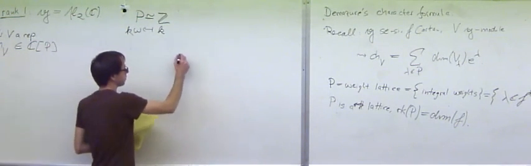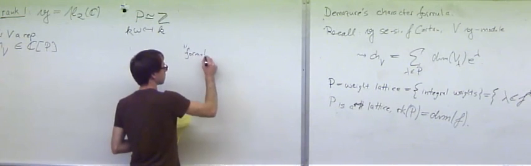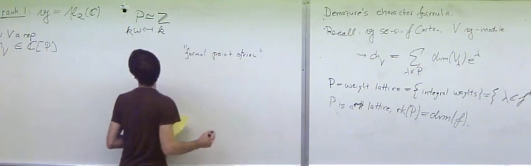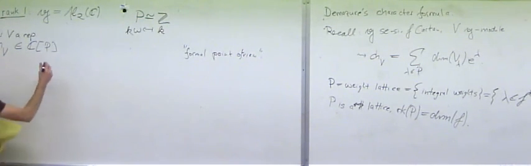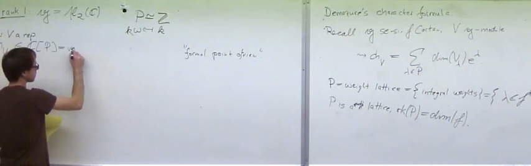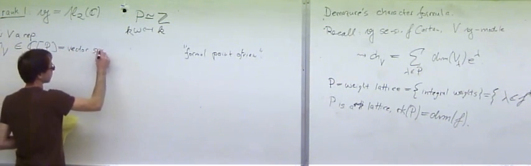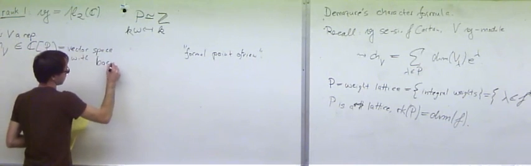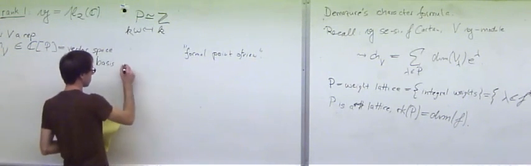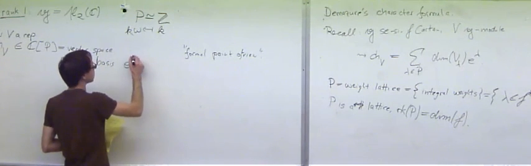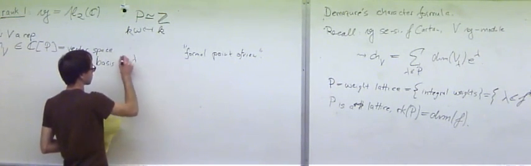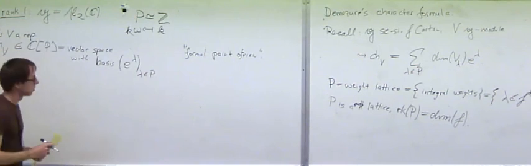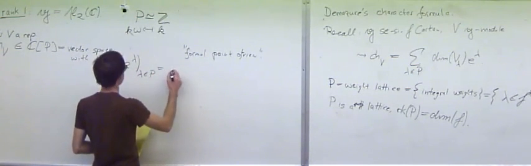So this is the formal viewpoint: the character as an element in CP, which is the vector space with basis symbols e to the lambda, lambda in P. So this is the general definition.